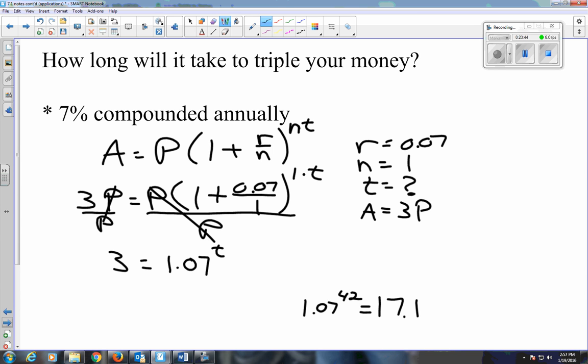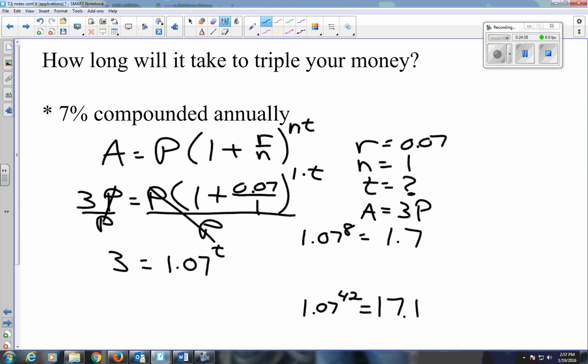Another guess. How long do you think it might be, guys? 8? Okay. Let's try 8. That gives me 1.7. So not quite enough there. So somewhere between 8 and 42. 13.